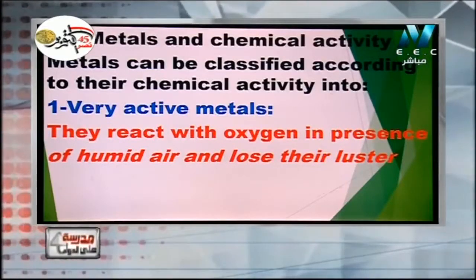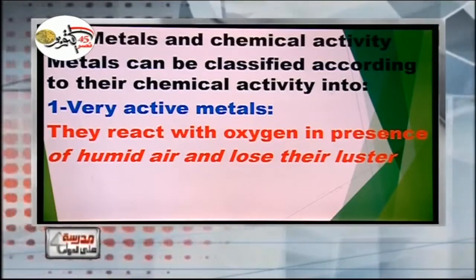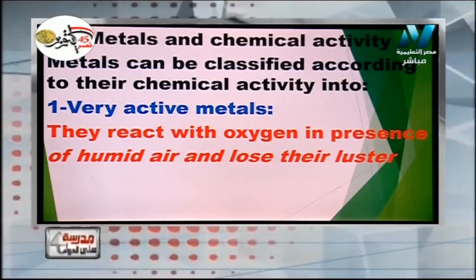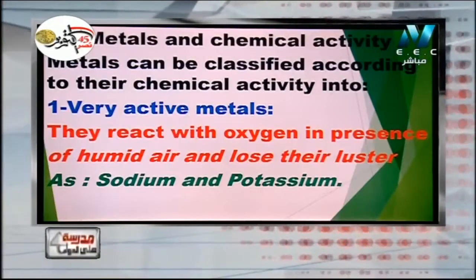But now we study that very active metals are the metals that react with oxygen in presence of humid air and lose their luster, because they form metal oxide, as sodium and potassium.